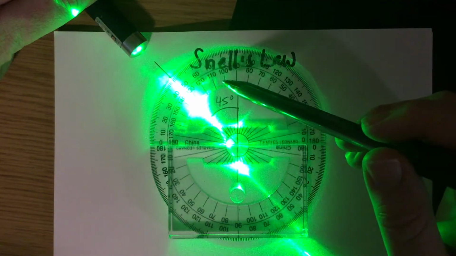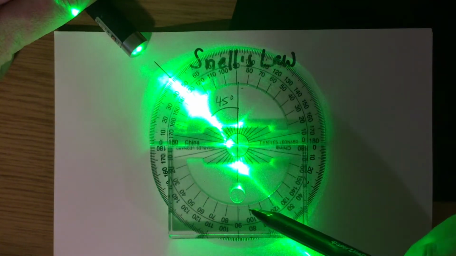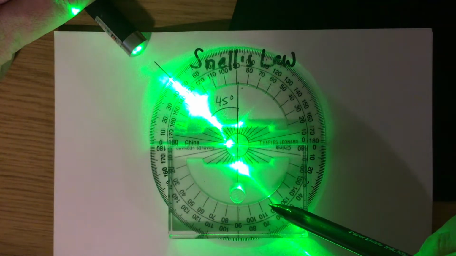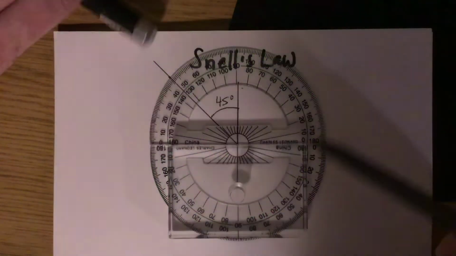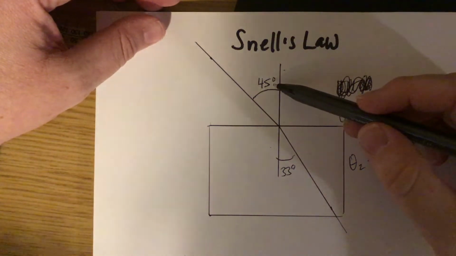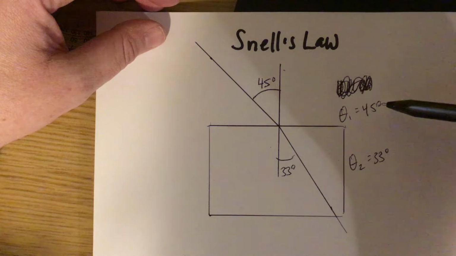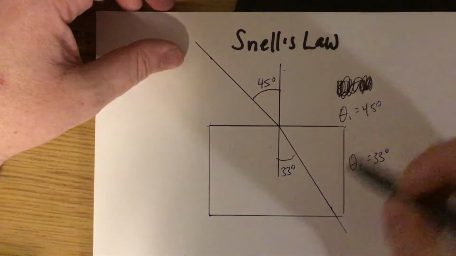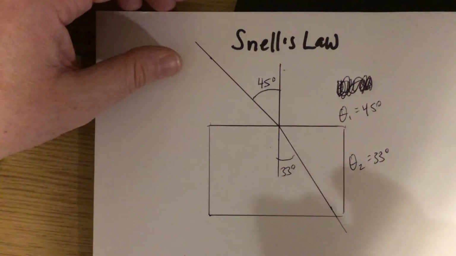And so up here I've got 45 degrees. Down here, from the 90, I'm going to count over 10, 20, 30, I'm right at about 33 degrees. So now that I know my measurements, I know that my theta 1 is 45 degrees, my theta 2 is 33 degrees, and I can figure out what the n of the block is.